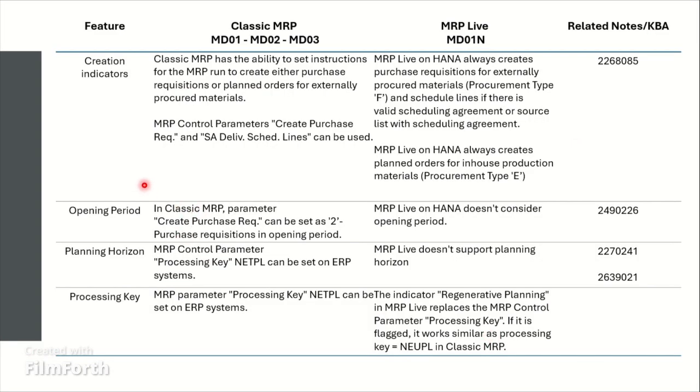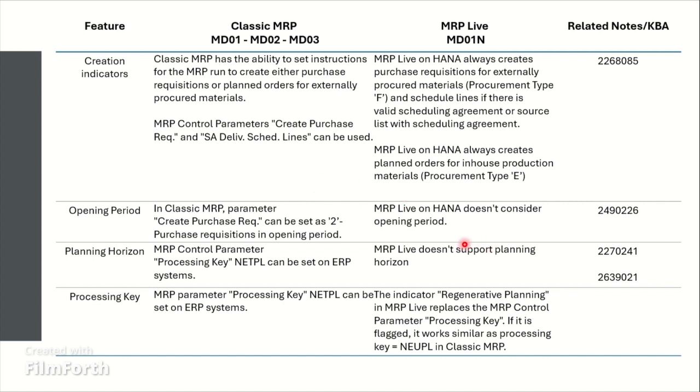Now again, coming back to the slide. The next feature that we are going to compare is basically the opening period. So here in the classic MRP, we have this create purchase requisition option in the MRP control parameters, where you can actually create purchase requisitions in the opening period. So the materials or the demand that has been planned outside of the opening period will have a planned order created in this classic MRP.